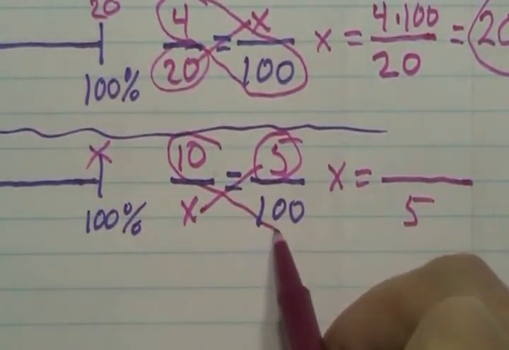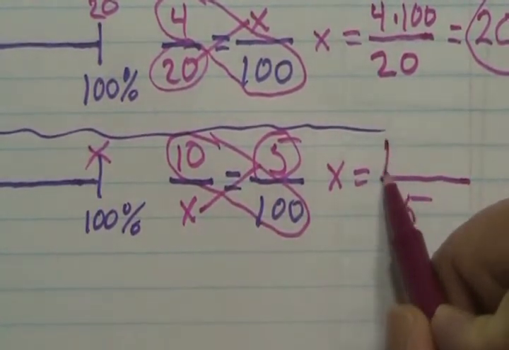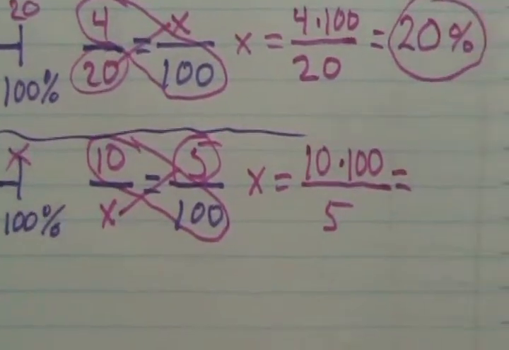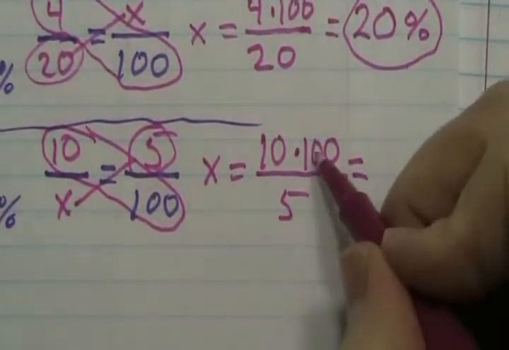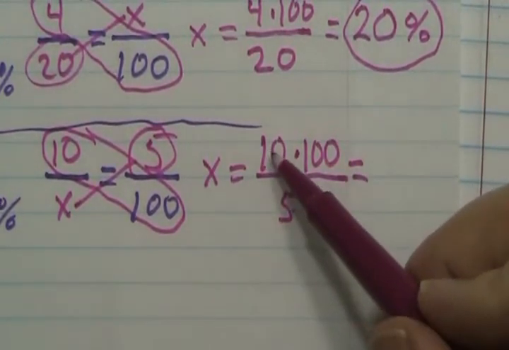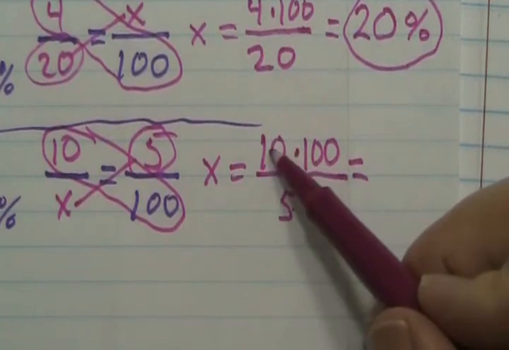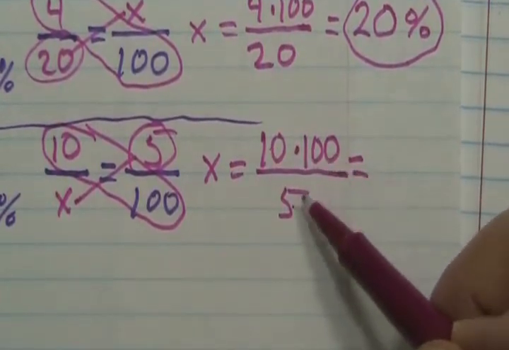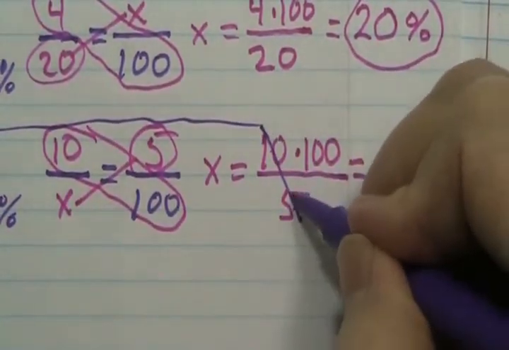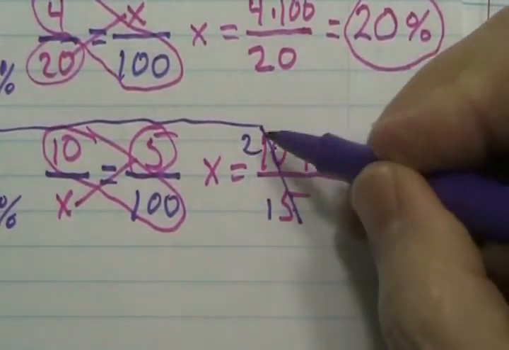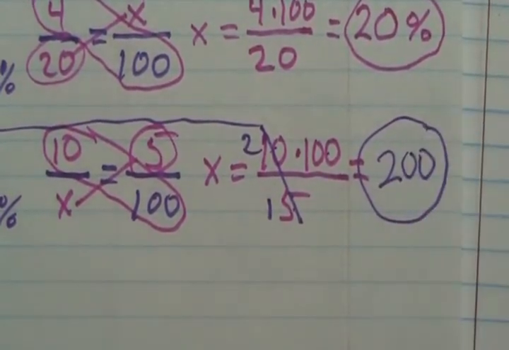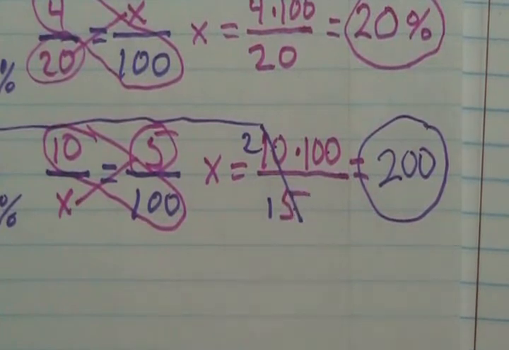The other pair goes on top. So this is 10 times 100. So let's see. Well, 5 goes into 10 twice. And 2 times 100, right? I just do this mentally, but 5 goes in there once, 5 goes in there twice. 2 times 100 is 200. Now, you don't have to do this. You can use a calculator. That's fine.